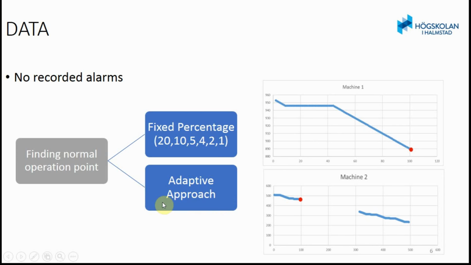We start from the first time instance until the end, and check the data against the alarm threshold to find the training period. We had two types of machines, one with one period and another with two or three periods. So we chose the last point of the first period as the end point of our training period.